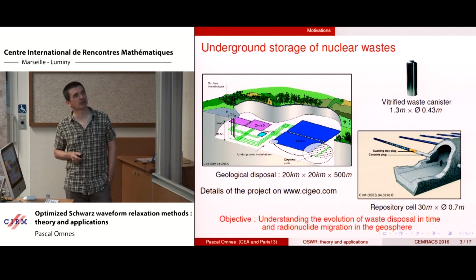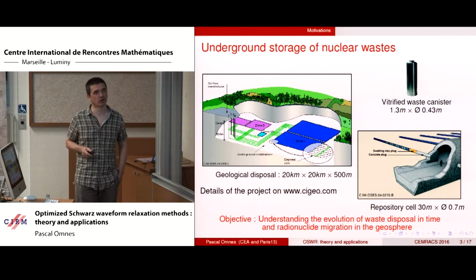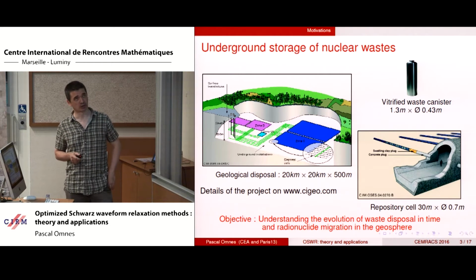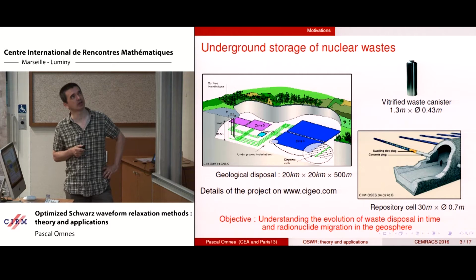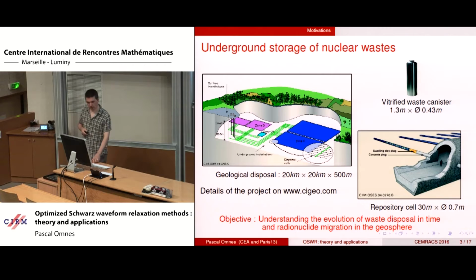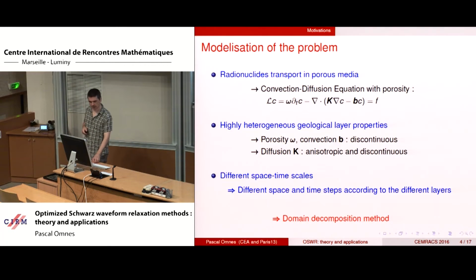And the objective for us was to study the evolution of radionuclide migration in the geosphere. So at time t equals 0, the waste is put here, and we want to see how the radionuclides migrate in the underground and when they reach the surface. You have full details of the project on that website.